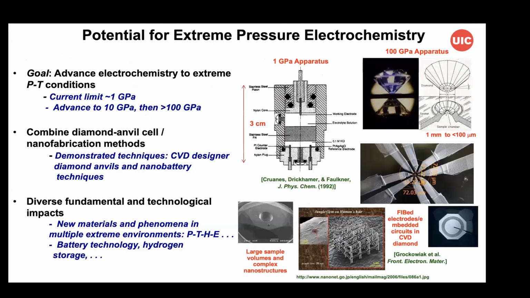So how would we do this experimentally? This is sort of a grand challenge for us, but the idea would be to take the high pressure electrochemical apparatus approach that Harry Drickamer developed in the 1980s, shown here in this plot in the middle, a 1 GPa apparatus where he was able to do high pressure electrochemistry, basically in the 10 kilobar range, but extended up into the 100 GPa range with diamond cells, and use basically various types of nanofabrication tools to build miniature electrochemical cells inside the diamond anvil cell.